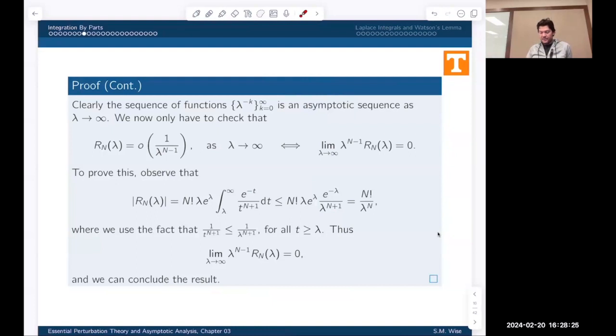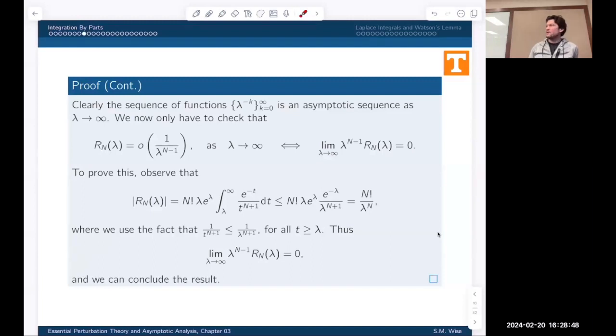Or in other words, R_n is little o of 1 over lambda to the n minus 1 as lambda goes to infinity. So what does that mean? That means that if I multiply by lambda to the n minus 1, then this limit is 0 as lambda goes to infinity. Now, how can I prove that?